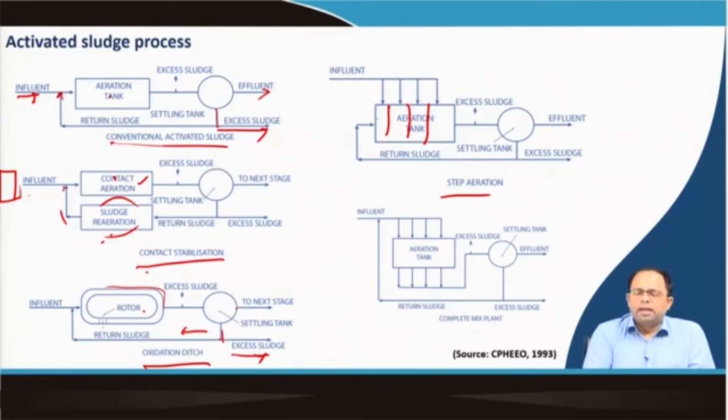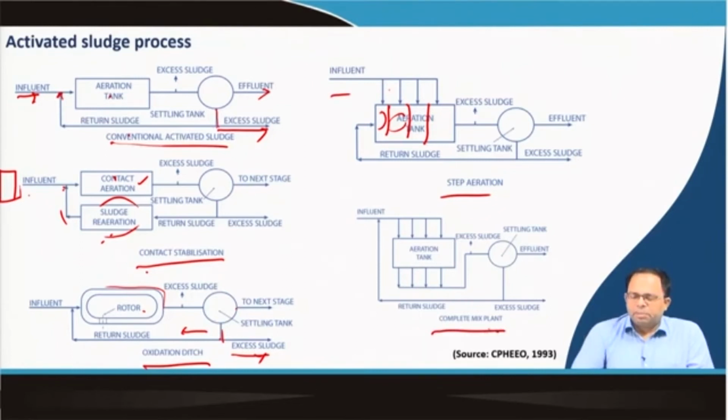Not only that, wherever the influent is coming in, the mixing volume is more, then in the next layer the mixing volume is less. So, if we divide the entire flow into multiple channels, then mixing could be more effective. This is the same system as we have learned, but the influent is being mixed in a much better way.